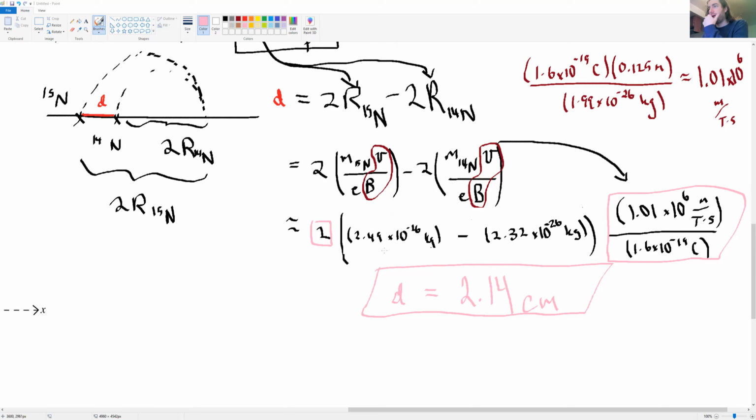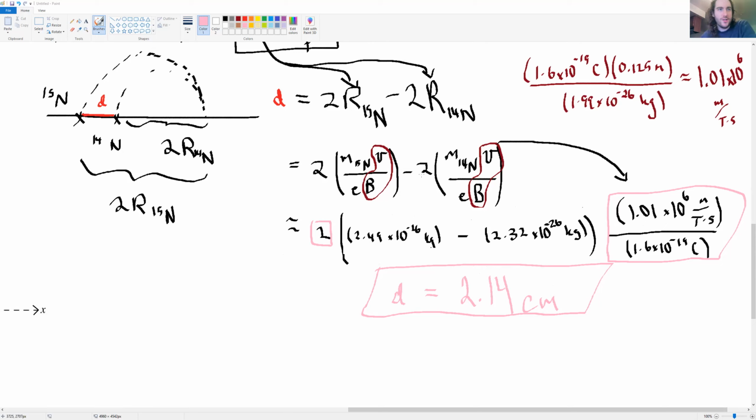So 2.49 times 10 to the minus 26. So the thing in pink here is something you can calculate. That's specific to the mass spectrometer. So you just calculate that factor. Okay. All right, good.